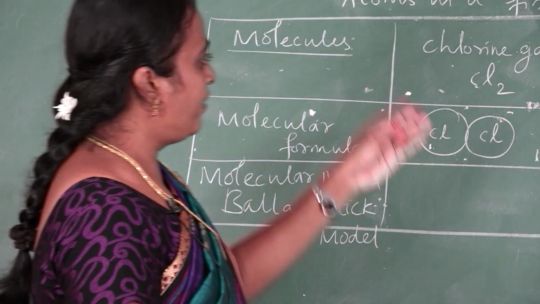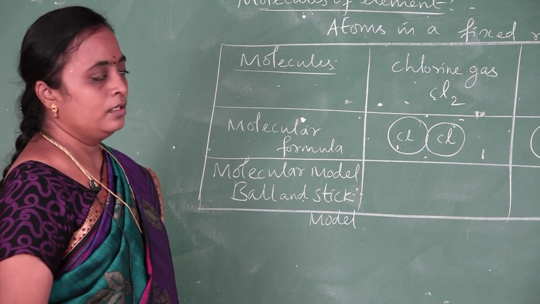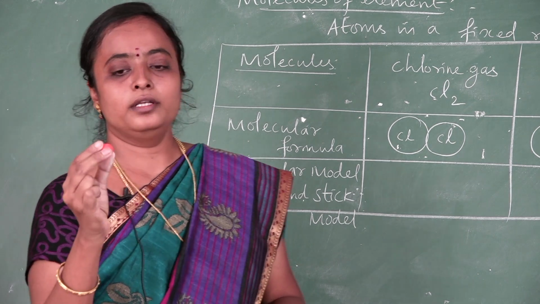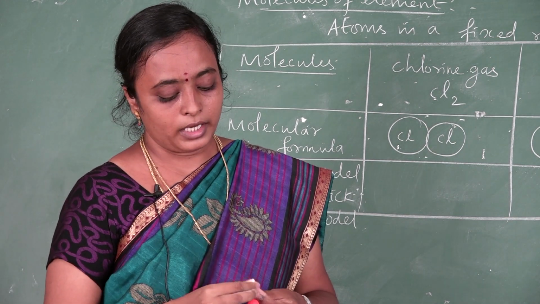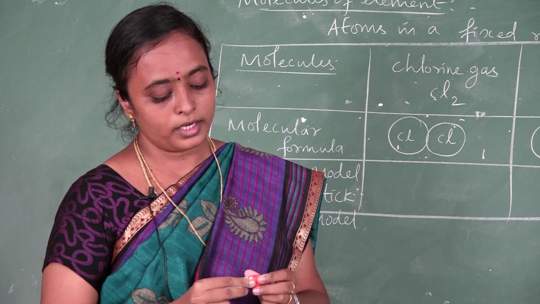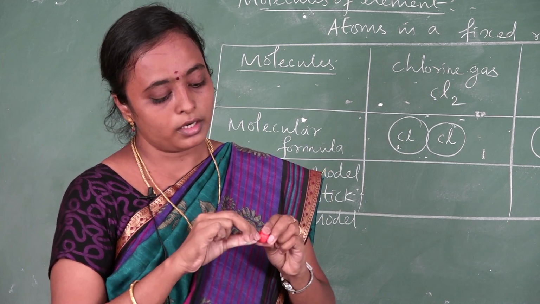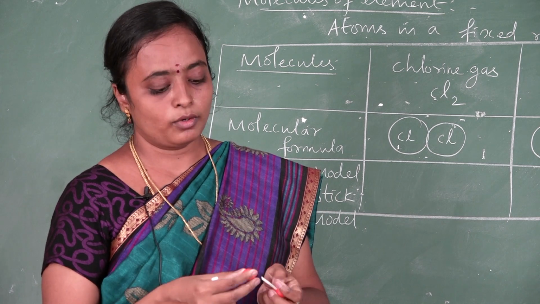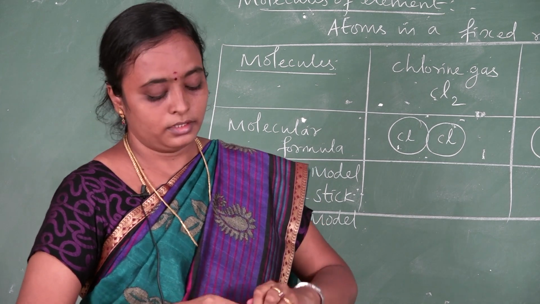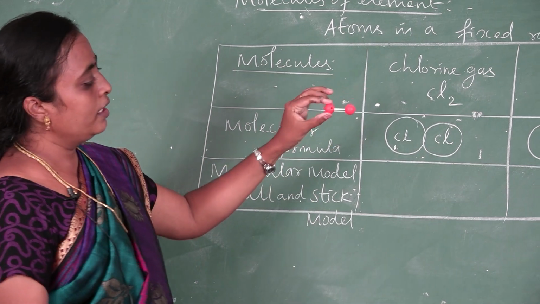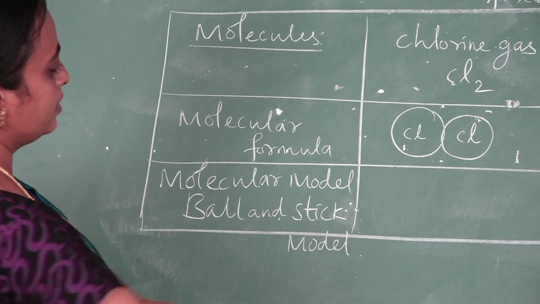Okay. So if I am taking chlorine, I can take one chlorine like this, one atom, ball model. This chlorine is going to form a bond with another chlorine, like in chlorine gas. So here I can represent this model.